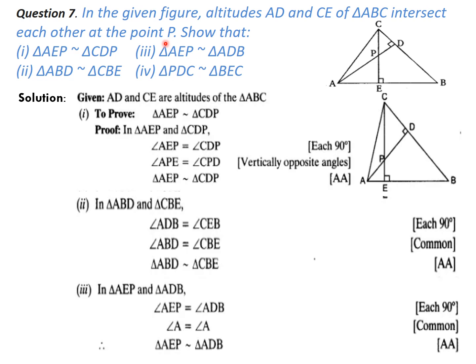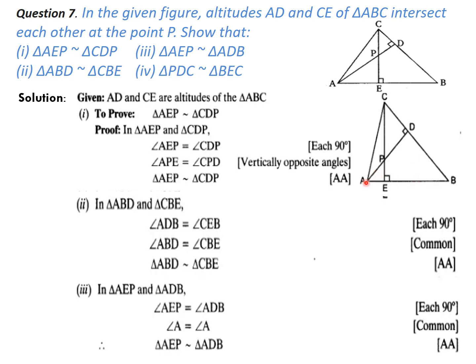In the third case, triangle AEP is similar to triangle ADB. AEP is this particular triangle and triangle ADB is this one, ADB. So this full triangle is ADB and this small one is APE. So we have to prove they are similar.